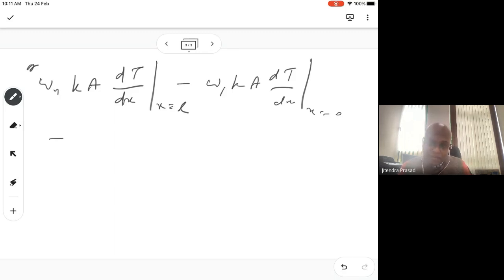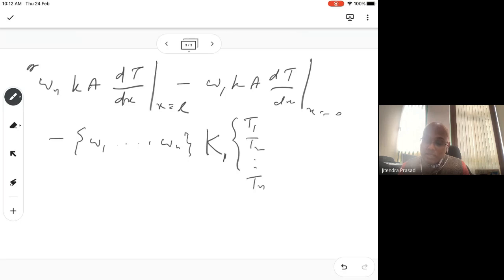Here you will have W1 to Wn, right? Then you will have K, and then K1, you write it K1 here, which is coming from the derivative one, right? So we write K1 like this one. And then you have W times T1, T2 to Tn.